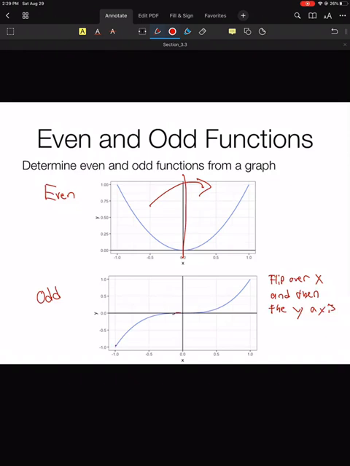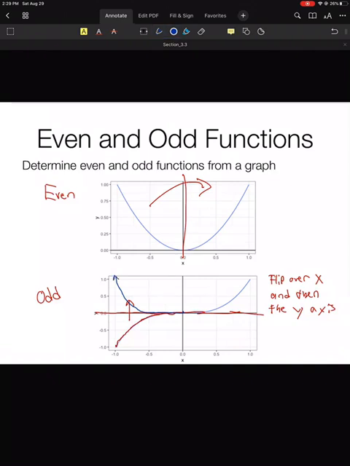So if I look at this part of the curve, if I flipped it up here 90 degrees, so if I flipped it over the x-axis first, okay, I flipped it up, it's going to look like that, roughly.